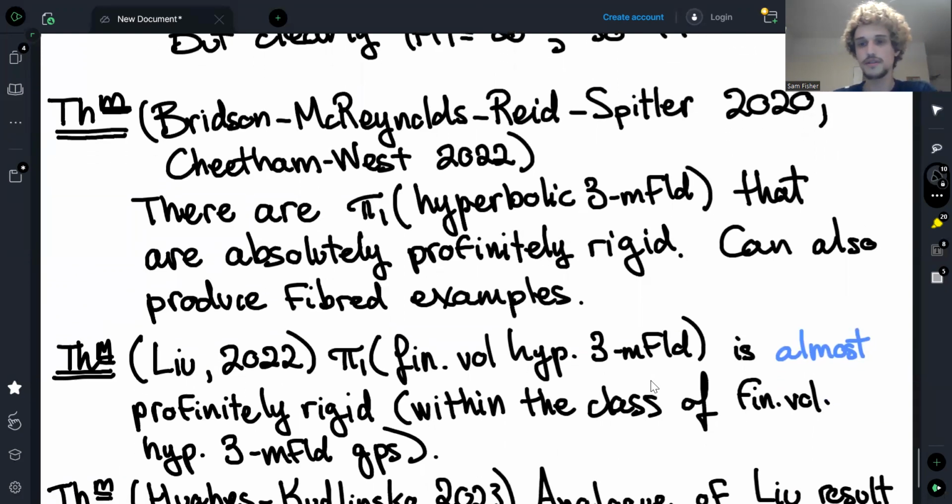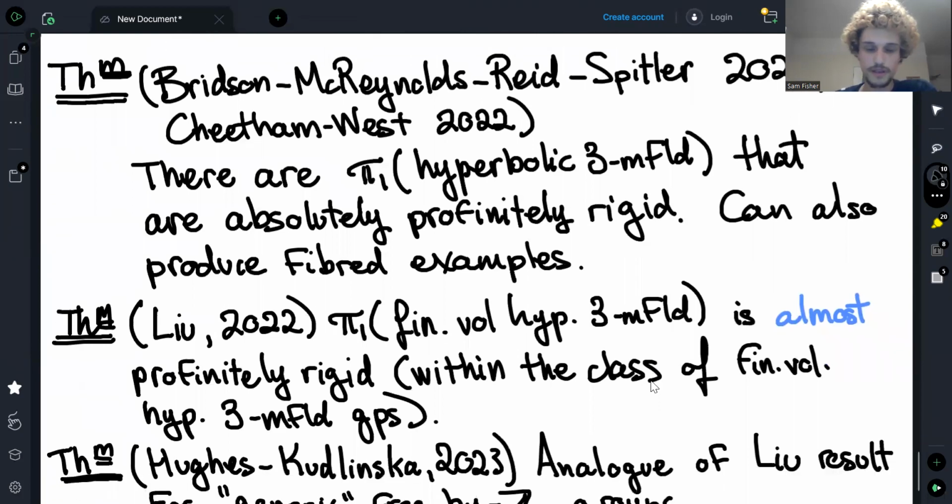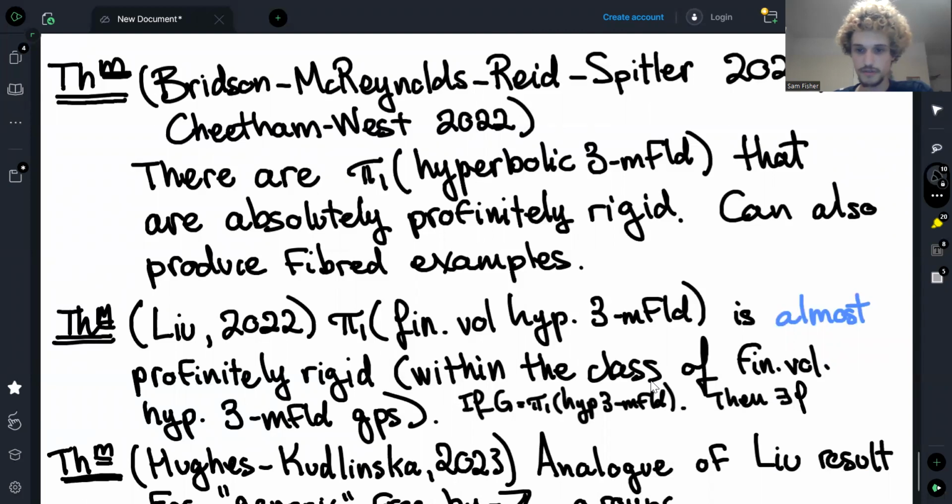If G is the fundamental group of a finite volume hyperbolic three-manifold, then there exist finitely many H that are also fundamental groups of hyperbolic three-manifolds, such that G hat is isomorphic to H hat. This is what almost means.